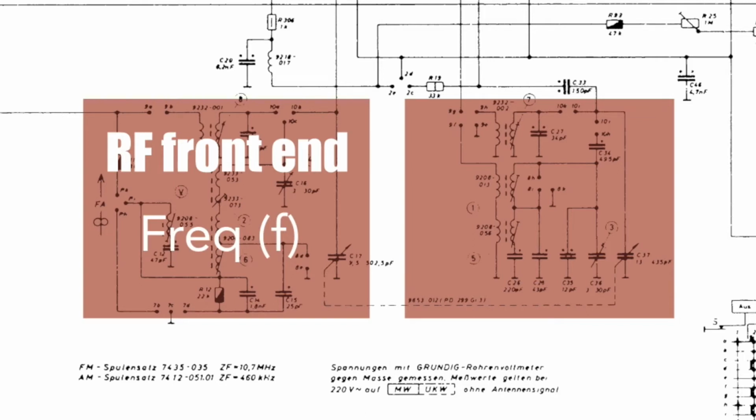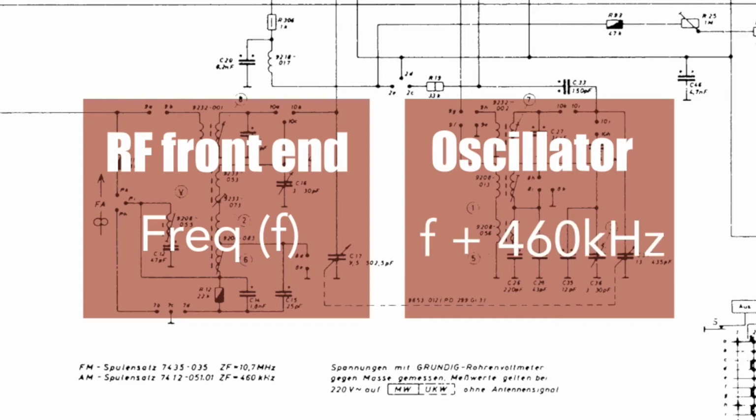Let's call it 1 megahertz, for example, if you're on the medium wave band. That frequency is then matched by the tuning on the oscillator, which will tune not to 1 megahertz, but to 1.46 megahertz, because it has the IF frequency added to it.